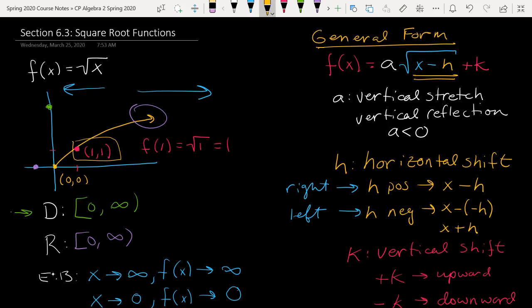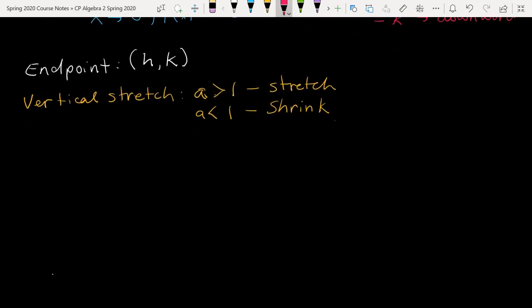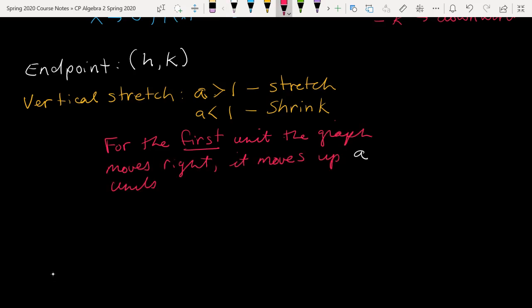So for 1 unit over, we might move more than 1 unit up, we might move less than 1 unit up, and it depends on the value of a. The key to all of this is as follows. For that first unit from the endpoint that the graph moves to the right, it's also going to move up a units.